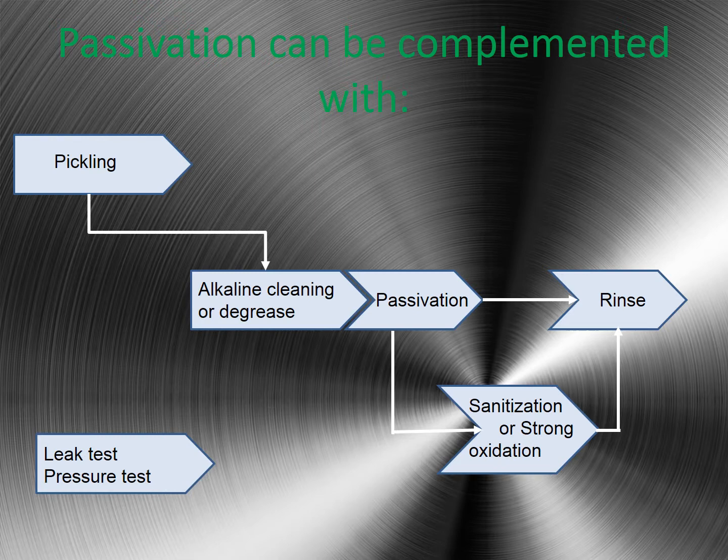When we recirculate solution inside pipes, it's a good idea before adding any chemical to make sure the system is leak-free. Sometimes a pressure test or a leak test is part of the pre-commissioning package.